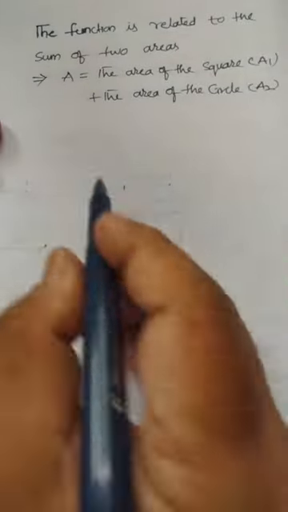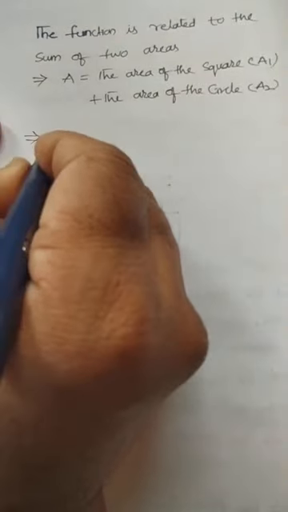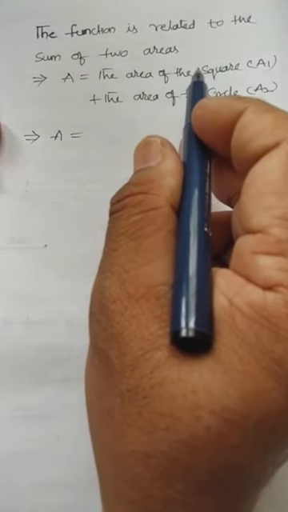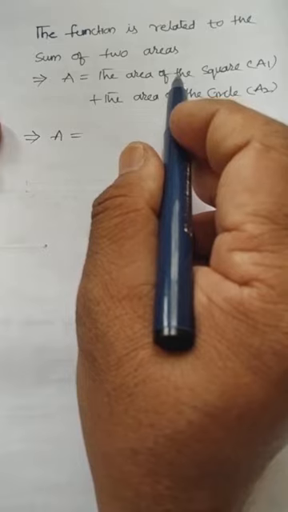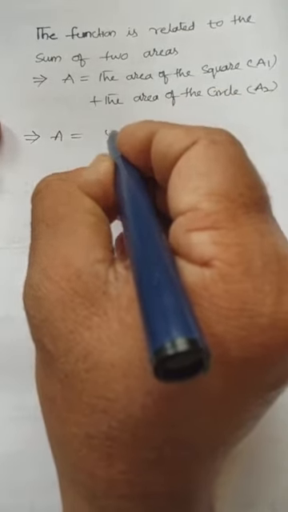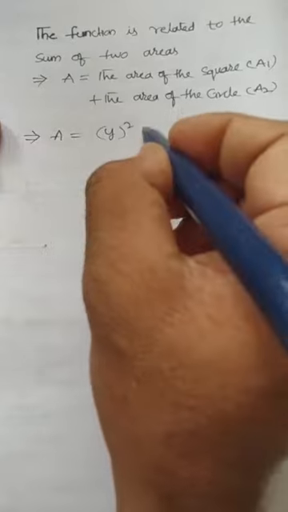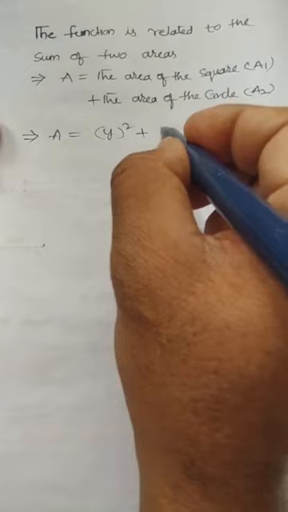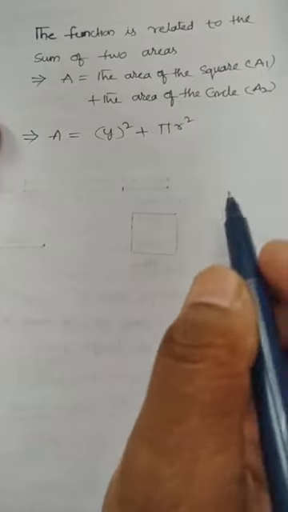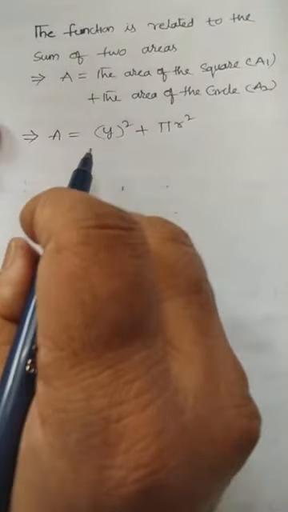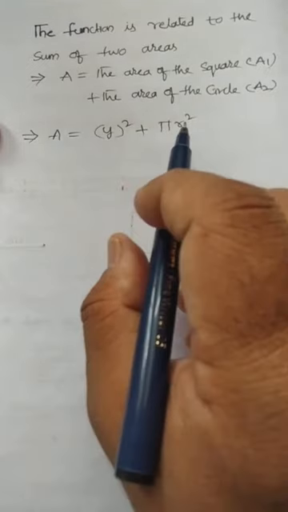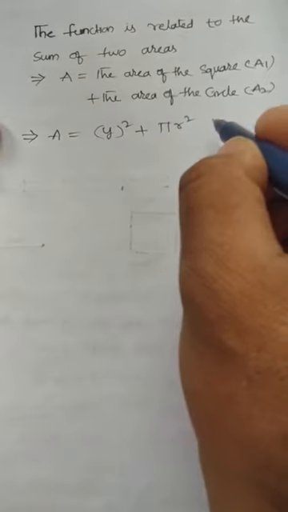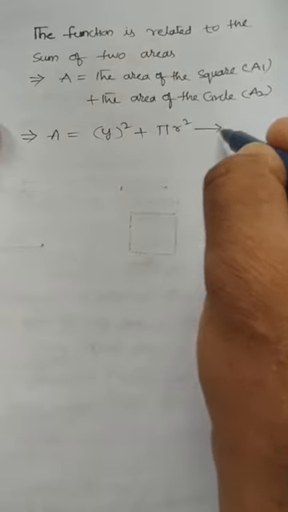It implies capital A equals the area of the square, where the side length is y, so y square, plus the area of the circle, which is pi r square. We have to change this y in terms of x, and also change this r in terms of x, using equations 1 and 2. This is equation number 3.